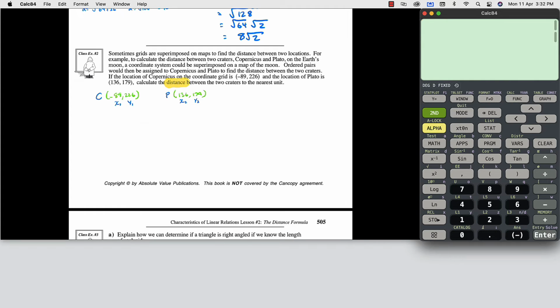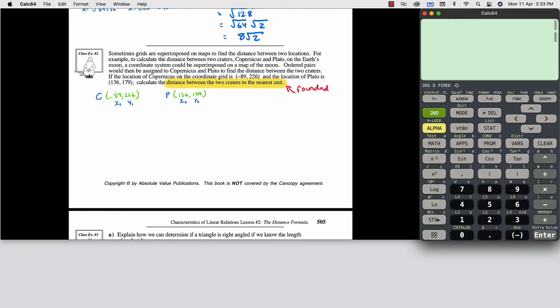Calculate the distance between the two craters to the nearest unit. So in this case, it's not asking for an exact answer. It's just saying to the nearest unit, which means it's going to be rounded. And to the nearest unit means there are no decimal places.